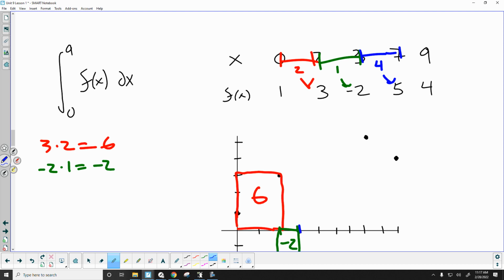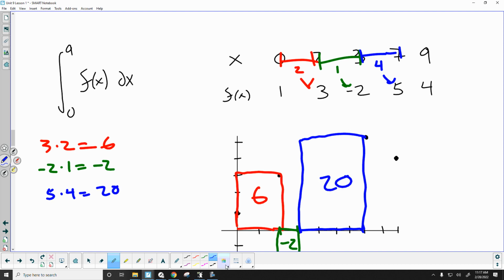3, 2, 7. You won't even need the picture in the future. Using the height of 5. Height times width. 7 to 9 with 2, height 4.